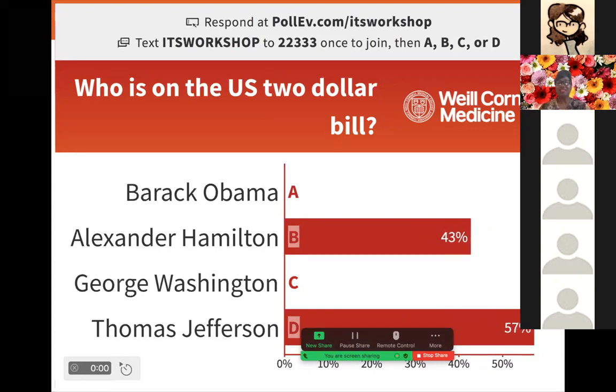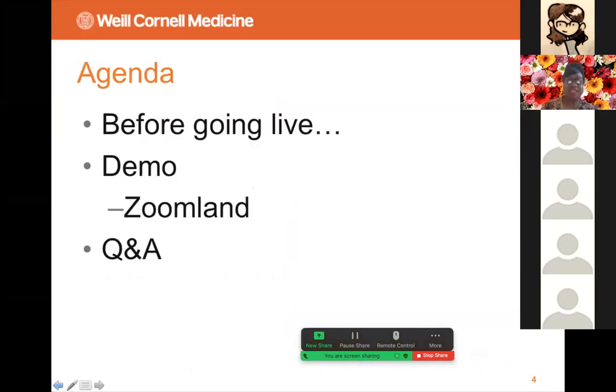So I'm going to say at this point, the winning answer is Thomas Jefferson. Okay. So for George Washington, right? That's the $1 bill. And the $10 bill is Alexander Hamilton. All right. So let's continue.